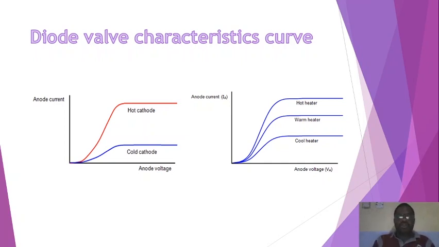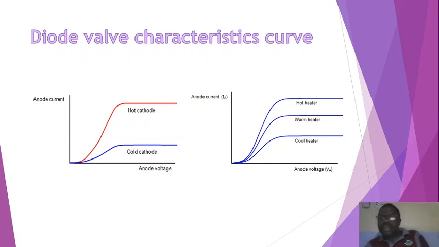Electron production. Because in the cold cathode, within a short time, the saturation point will be reached. As a result, the electrons released may not form a beam. You know, it is a beam of electrons that is used to study the characteristics.